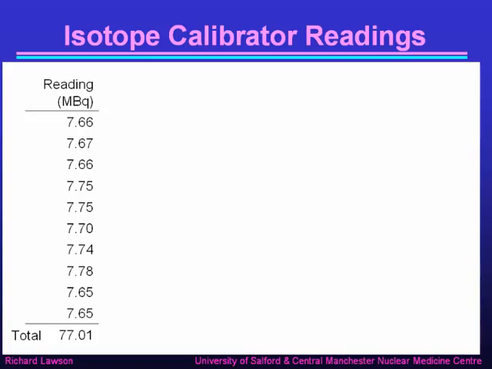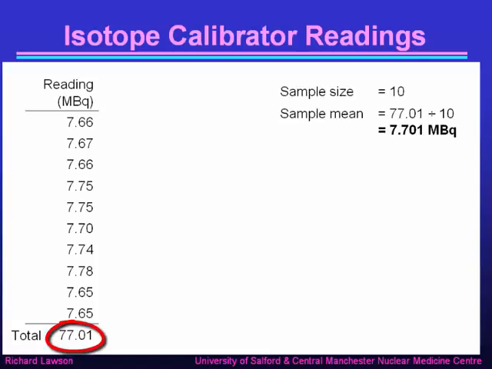So here are our isotope calibrator readings. Those are the 10 readings that we saw, and they sum up to 77.01 megabecquerels. So the sample size is 10, we have a total of 77.01, so the mean is 77.01 divided by 10, or 7.701 megabecquerels.